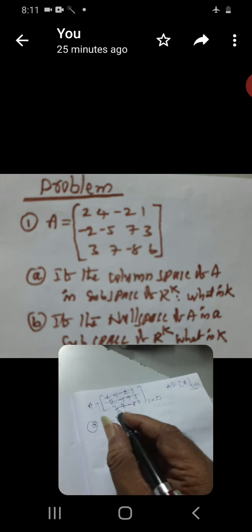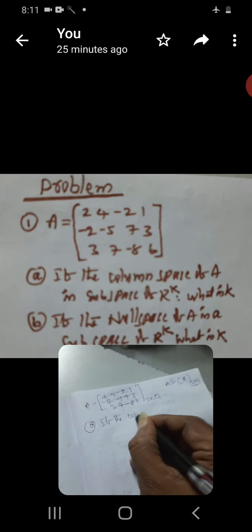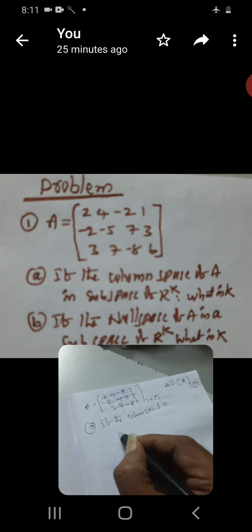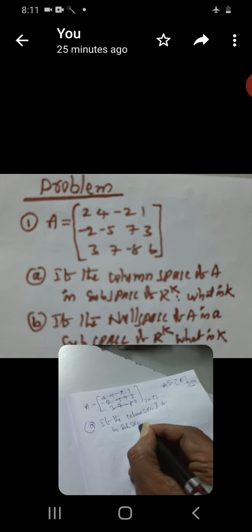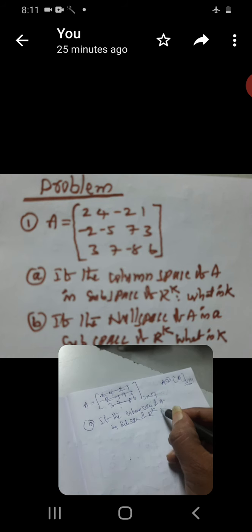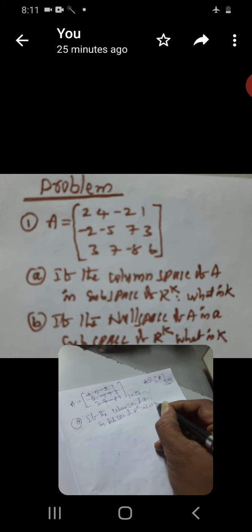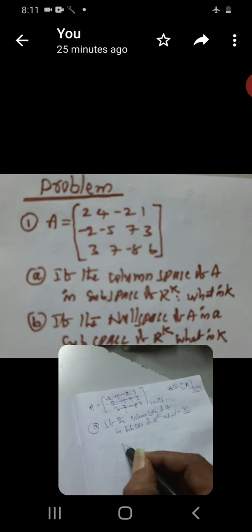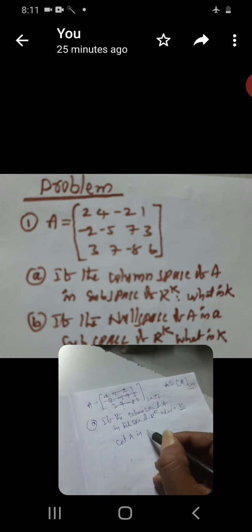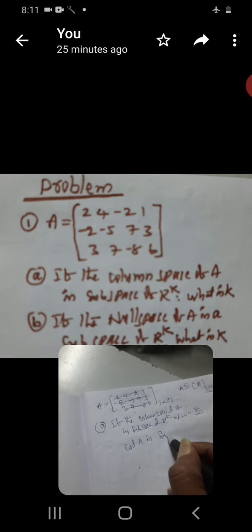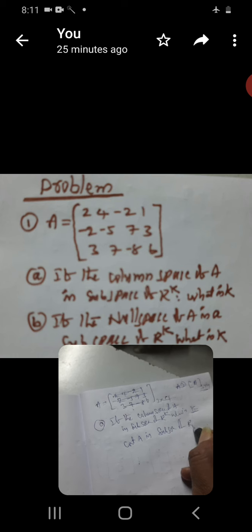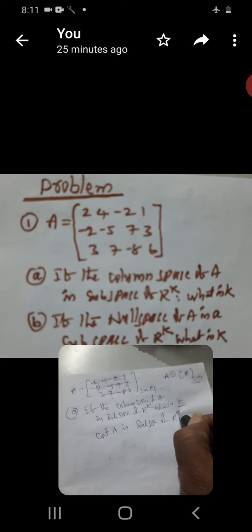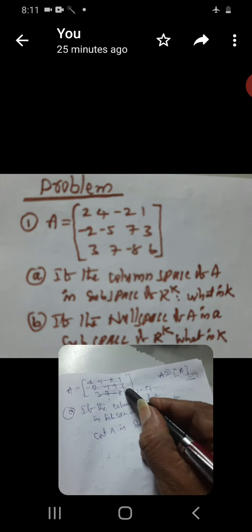See here, the first question: if the column space of A is a subspace of R power k, what is k? Define the value of k. You know from our theorem that Col A is a subspace of R power m, where m is the number of rows in the given matrix.